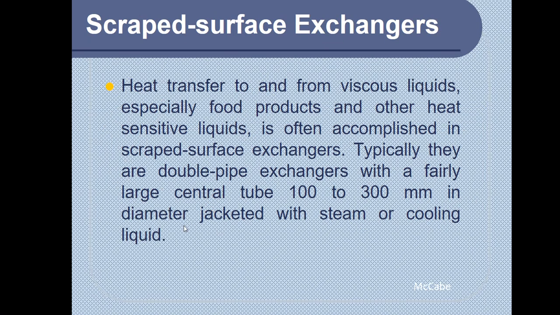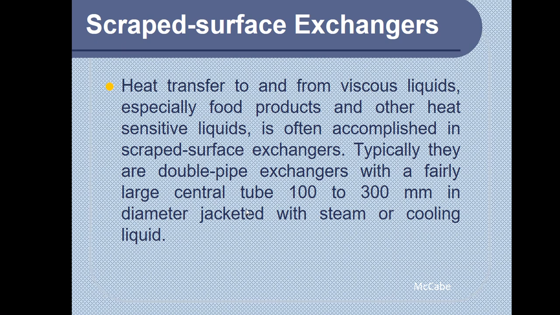Now, the next type of heat exchanger is the scrape surface exchanger. Its name already implies what we see in the exchanger. This could be viewed as a double pipe, only the inner pipe has an attachment in the form of a scraper.